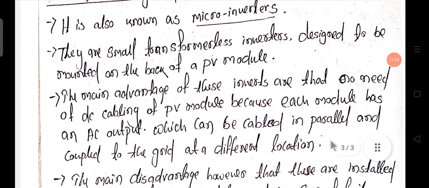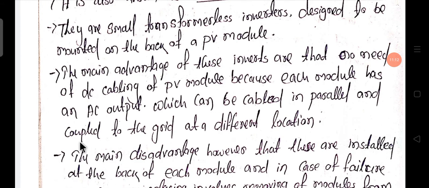The AC cabling can be cabled in parallel and coupled to the grid at a different location.